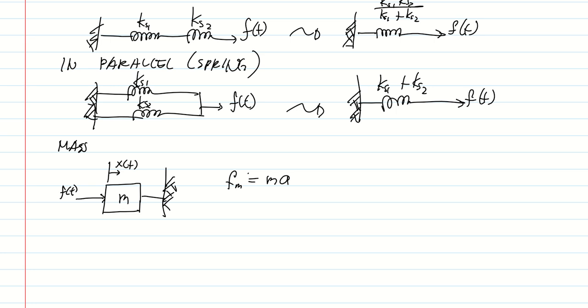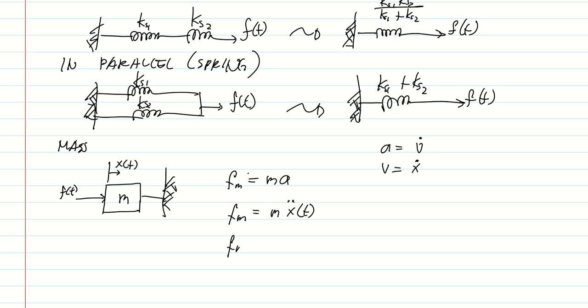If you want your output to be the displacement, the force due to the mass will be mass times the second derivative of the displacement x, because acceleration a is equal to v dot, and v is equal to x dot. So a is the second derivative of x.